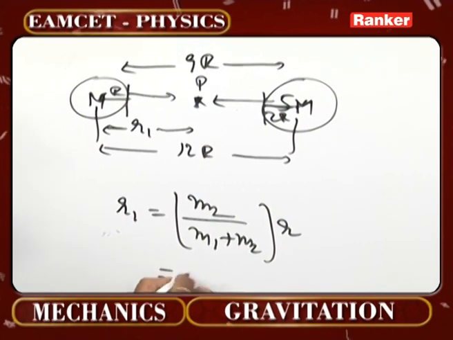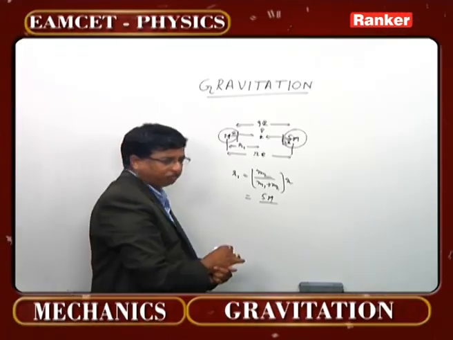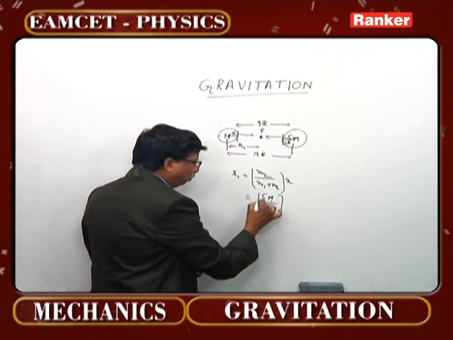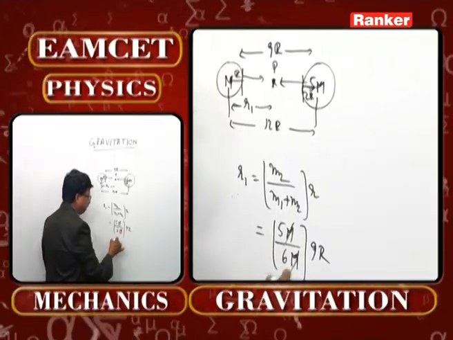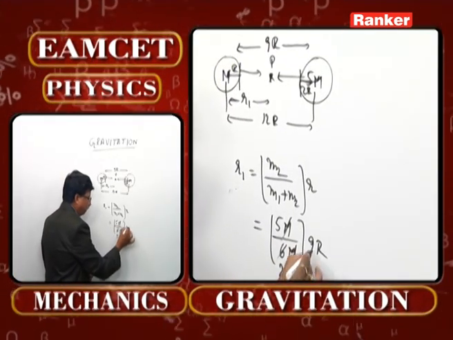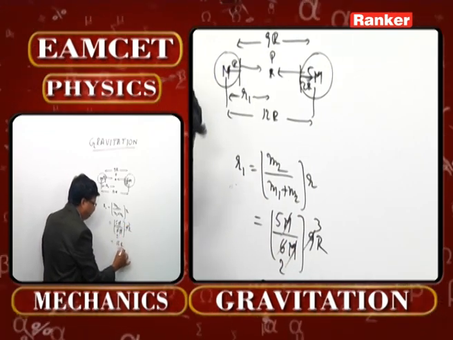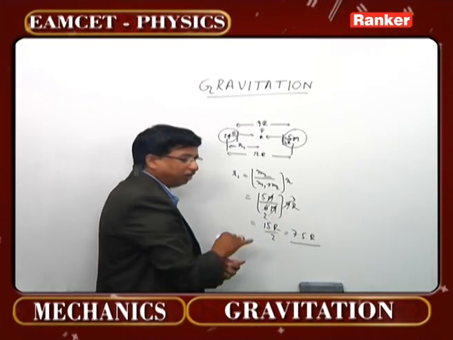So, what you should understand is m2 is now 5m. m1 plus m2 now will be 6m into what is this r now? It is 9r, m getting cancelled, twice 3 and thrice 3. So, it is 15r by 2 which now becomes 7.5r.